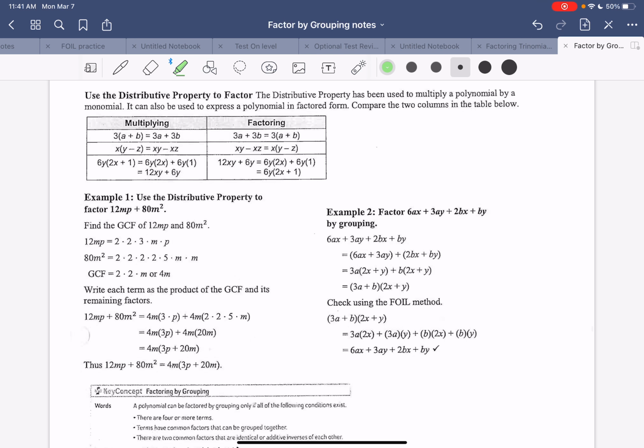This first example is in example 1. This is something that they have factored a little bit differently, but all essentially they're trying to do is to factor this 12mp plus 80m squared.